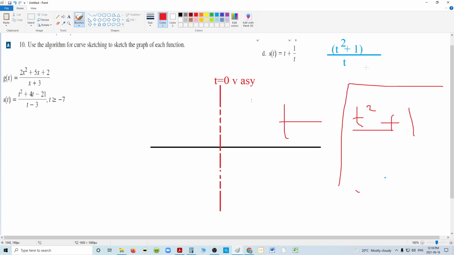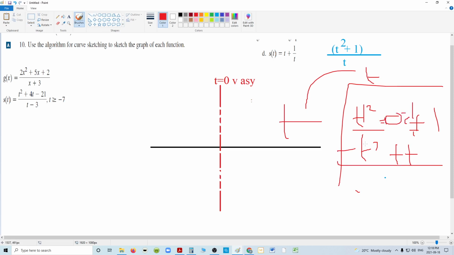You multiply this by t, you get t squared plus t. This plus 1 is essentially a constant, so there's actually a plus 0t in the middle. When I subtract them, these cancel. I get minus t. To get t to minus t, I have to do minus 1. That's all you need to do.